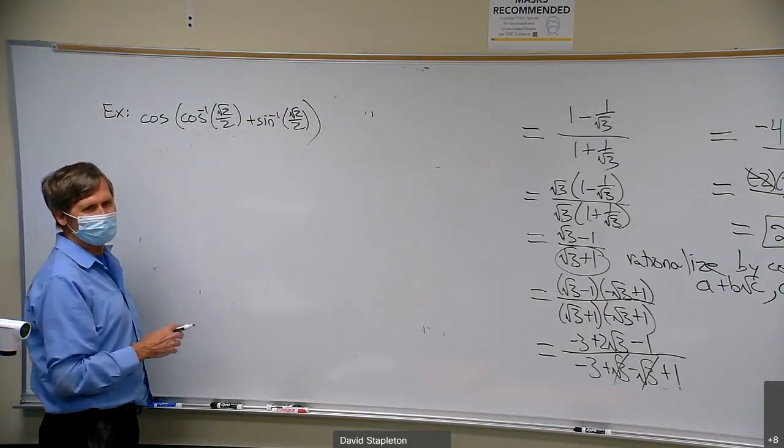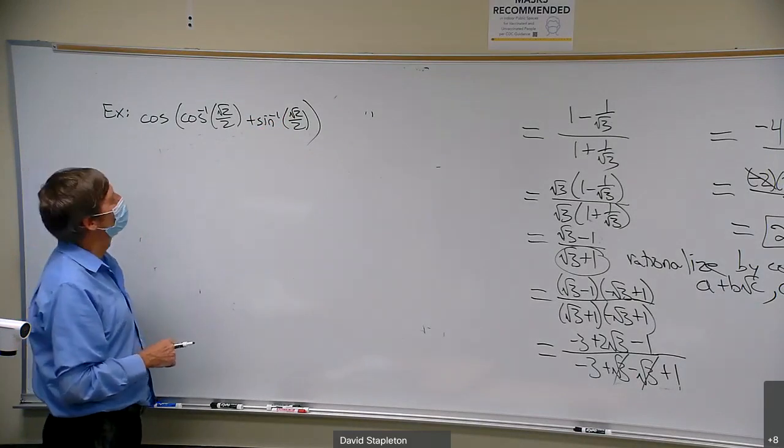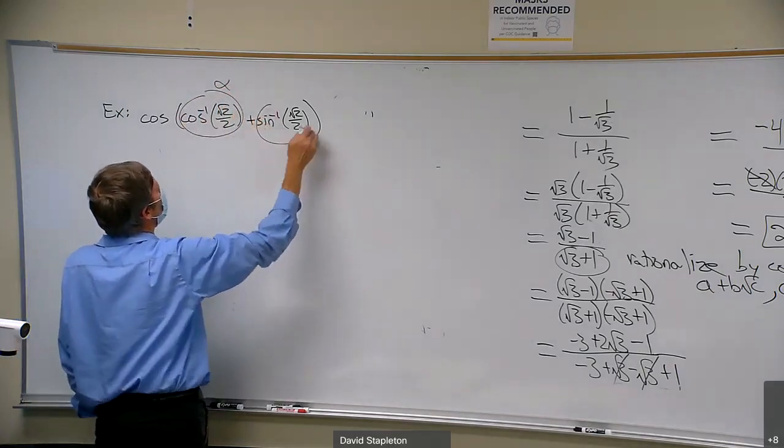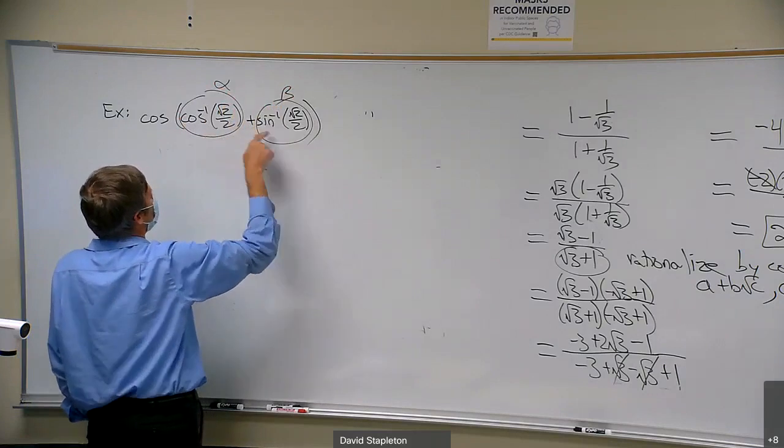I'll just call this alpha and beta. Oh, it's cosine alpha plus beta.